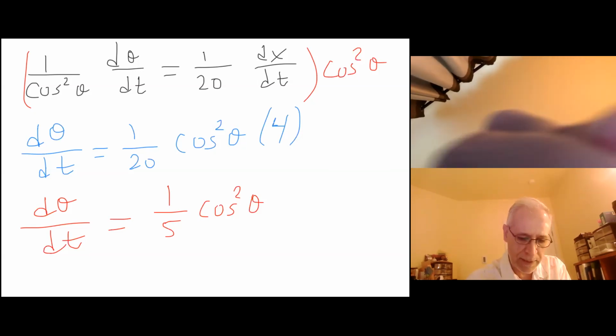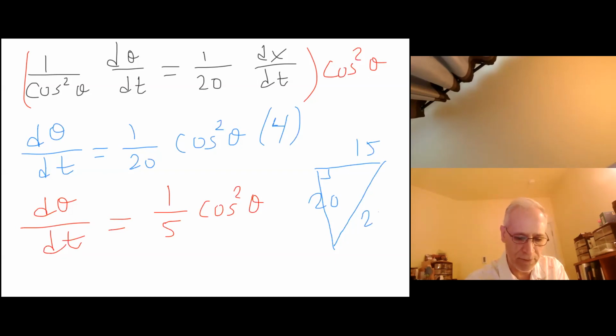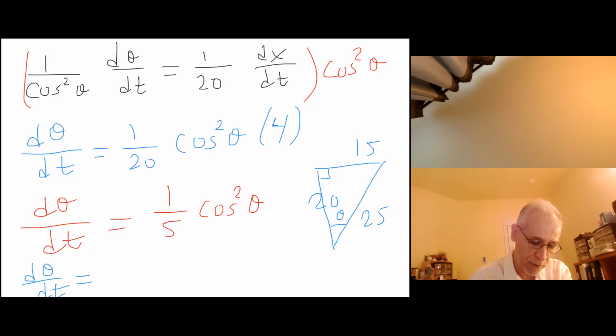So when x is 15, and this side was 20, and we said this was 25, cosine of theta at that precise moment is adjacent over hypotenuse. So d theta/dt equals 1/5 times (20/25) to the second power.